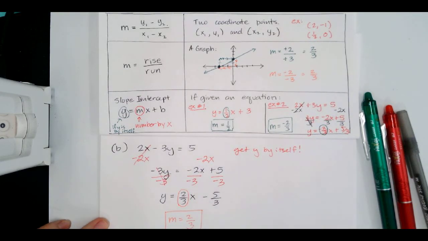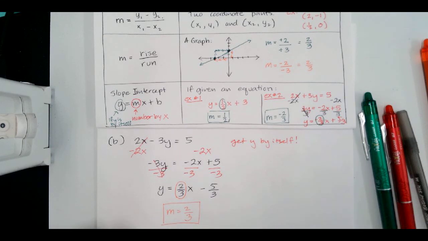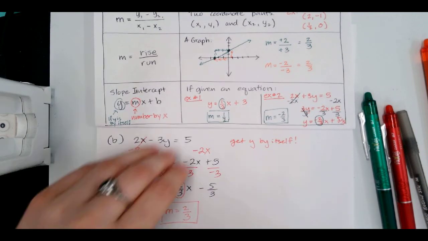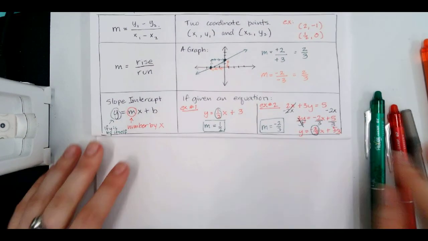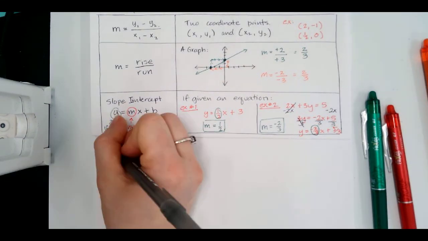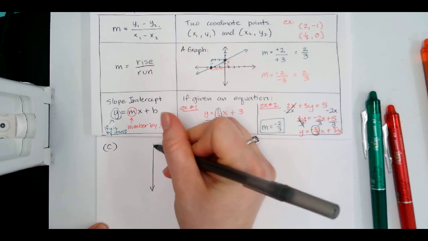So if you got that, go ahead and give yourself a little mini round of applause. Good job. Okay, so one last part for this video. That was part B. Let's go ahead and do part C. Okay, so find the slope of this little line.